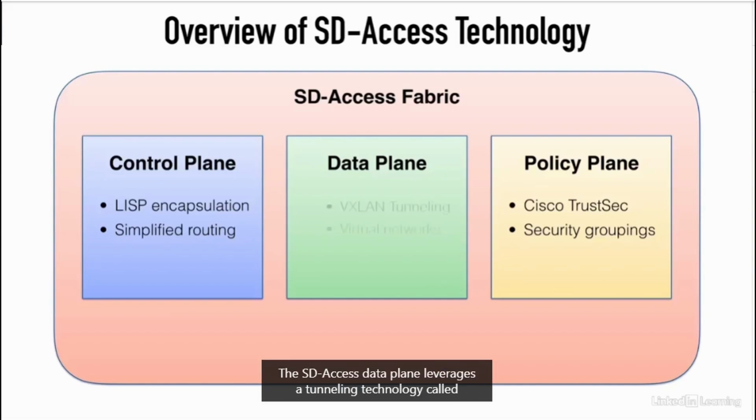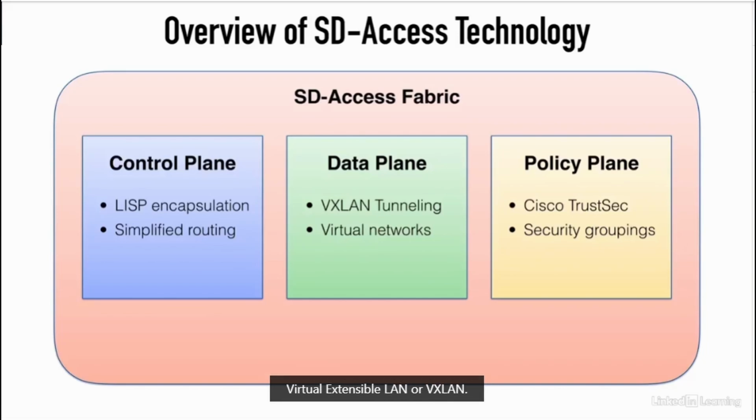The SD Access data plane leverages a tunneling technology called Virtual Extensible LAN, or VXLAN. This encapsulation is what creates the SD Access overlay network. This is UDP-based communication, meaning that any IP-capable device has the ability to forward the information.